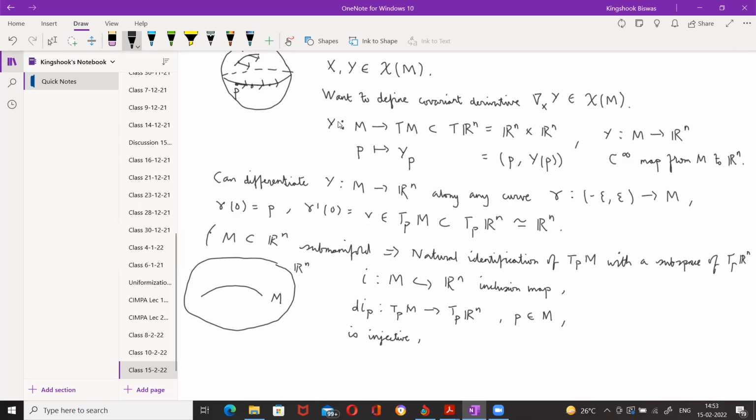And why is it injective? Because we have near P a local retraction pi.